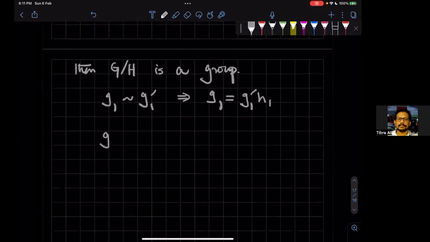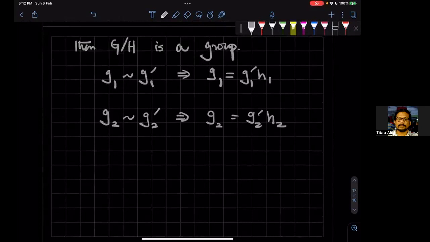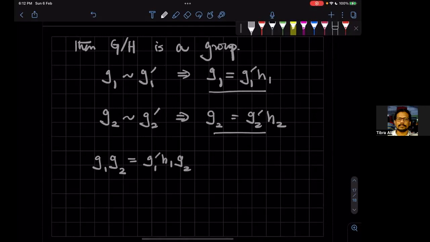And suppose that g2 is equivalent to g2 prime, that they're in the same coset, then g2 is equal to g2 prime h2. They don't have to be in the same coset. Okay, and then let's look at the multiplication of g1 and g2. So according to these assumptions, we can write g1 as g1 prime h1, g2 as g2 prime h2, right?